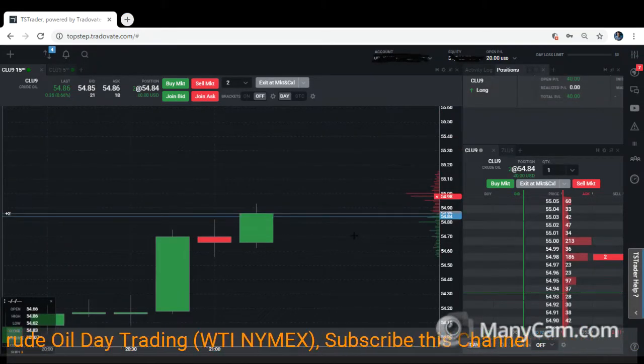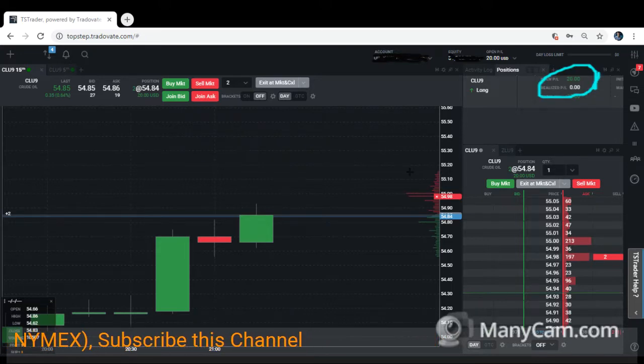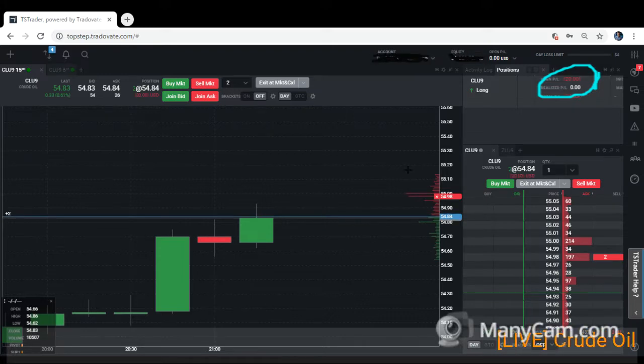Okay, in the market positive, looks good. This is the first trade today, US session scalping.